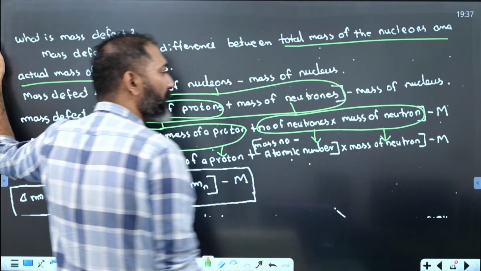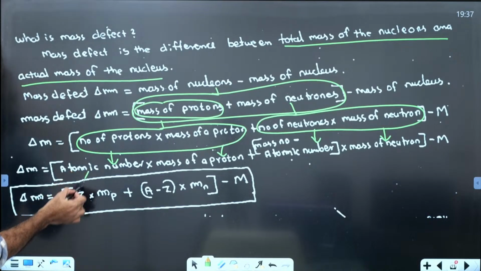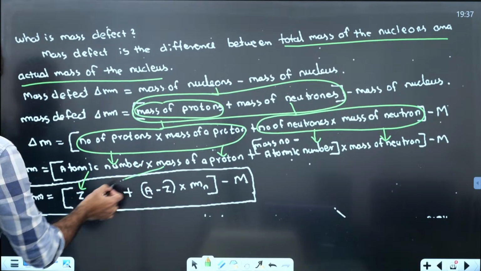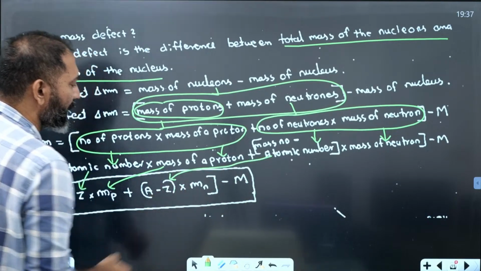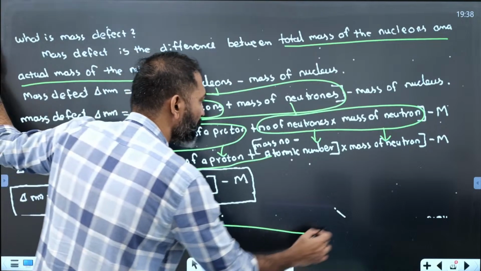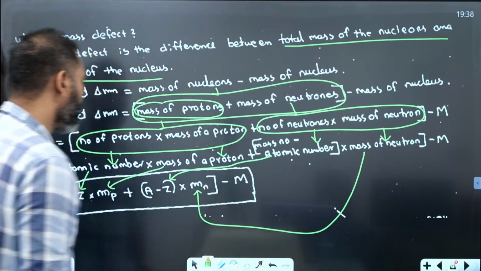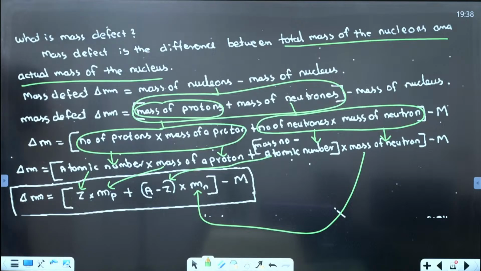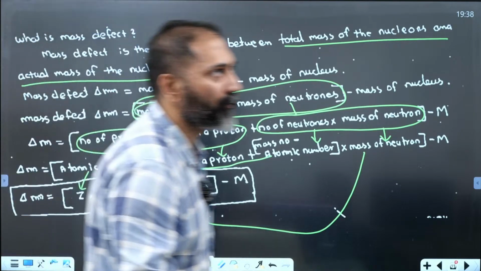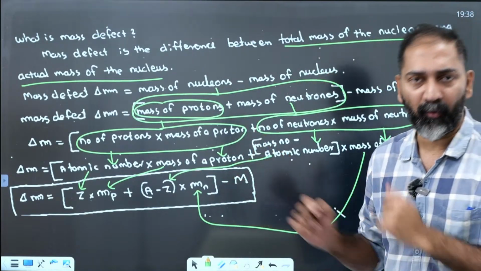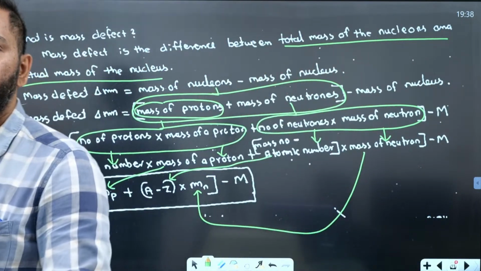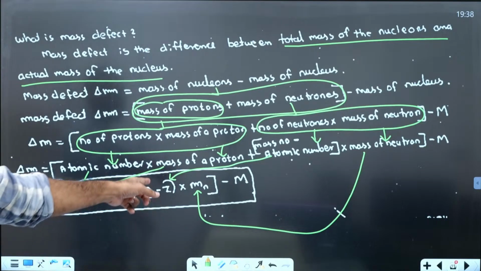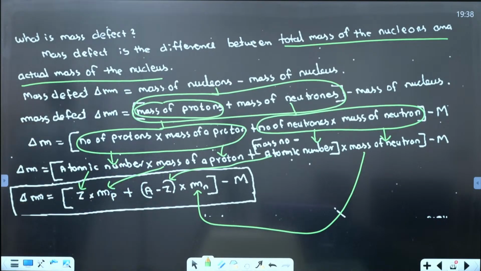Atomic number is denoted by the letter Z, mass of a proton by M suffix P, number of neutrons by A minus Z, and mass of a neutron by M suffix N. So mass defect, delta M, is equal to atomic number Z into mass of a proton, plus number of neutrons A minus Z into mass of a neutron M suffix N, whole minus capital M. What is capital M? Mass of the nucleus. Any doubt?